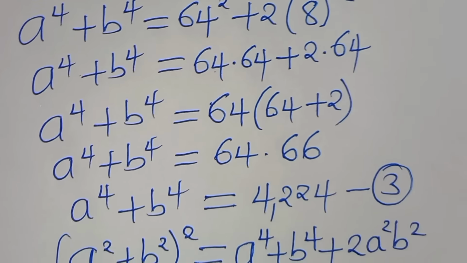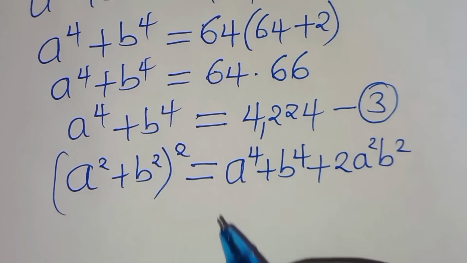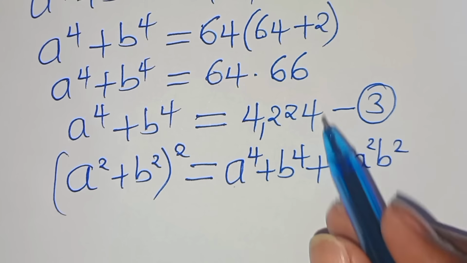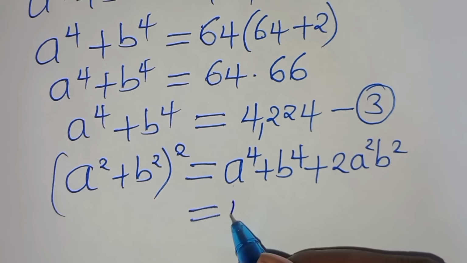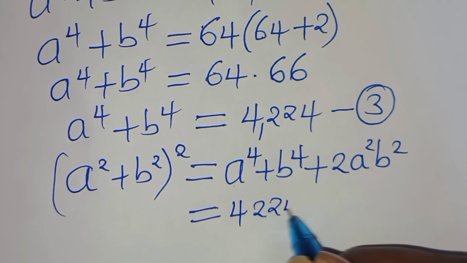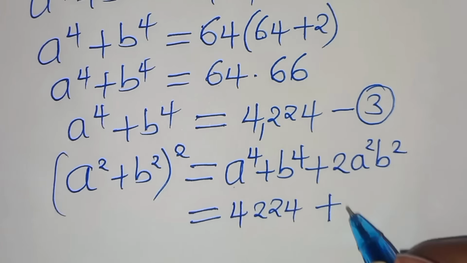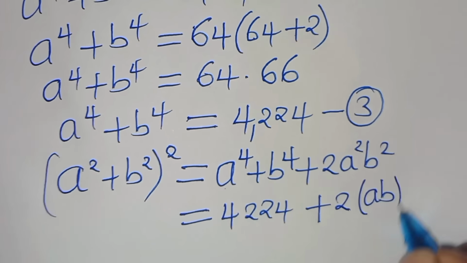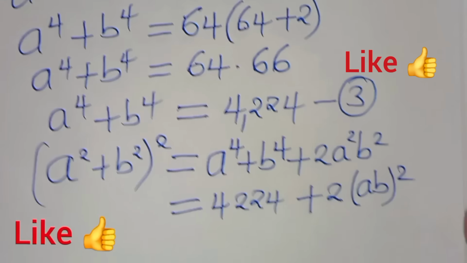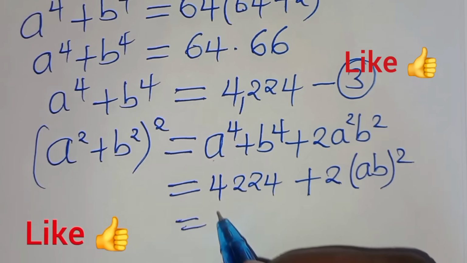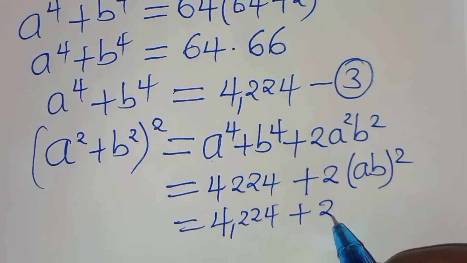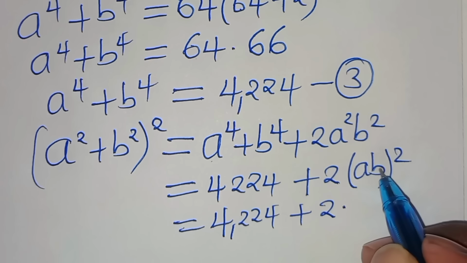So a to the power of 4 plus b to the power of 4 is 4224, we can substitute here. Then plus 2. We can express a squared b squared as (a times b) raised to the power of 2.